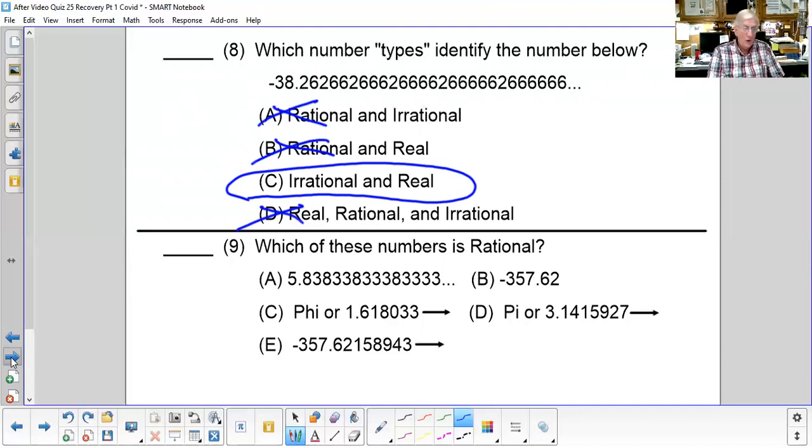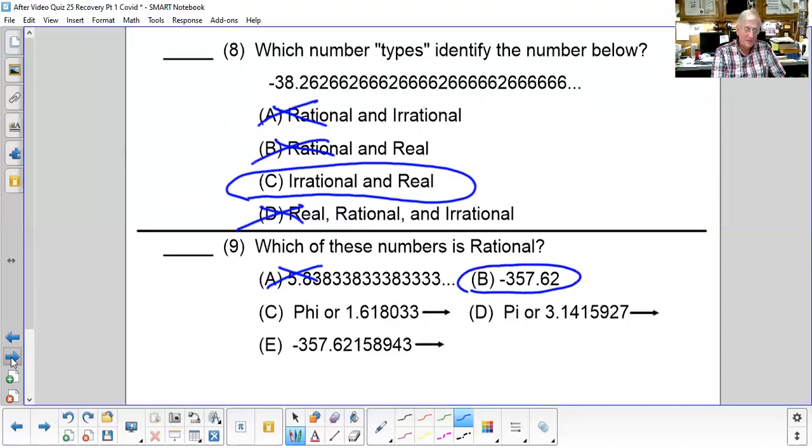Okay, 9. Which of these numbers is rational? Well, if you look at the first one, it's a decimal that goes on forever. Is it showing a growing pattern? Yes, it is. 8, 3, 8 followed by two 3s, 8 followed by three 3s. So that can't be rational. A's no good. How about B? It's a terminating decimal, isn't it? It's negative. That's okay if it's negative. Looks like B's our animal that we want.